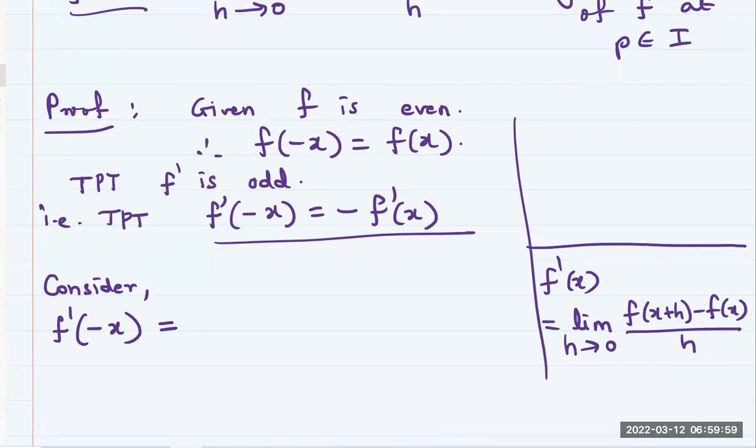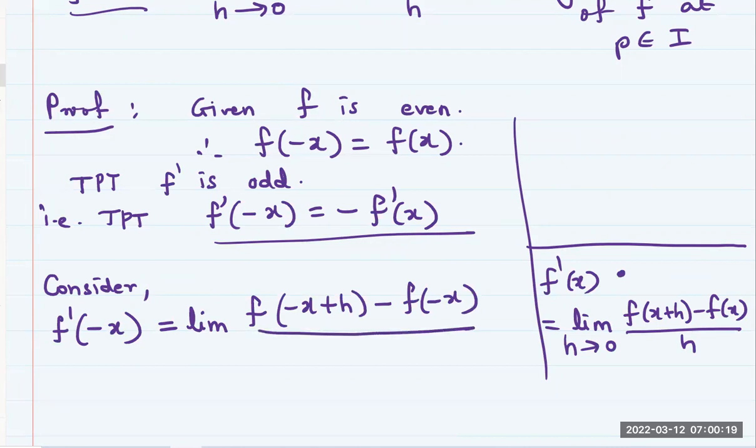Now in this statement, I am putting x equal to minus x. And so I get f dash of minus x as the limit of f of minus x plus h minus f of minus x, the whole thing divided by h, as h tends to 0.